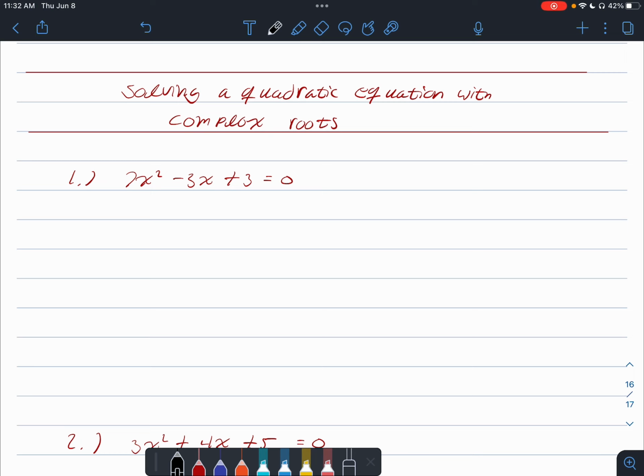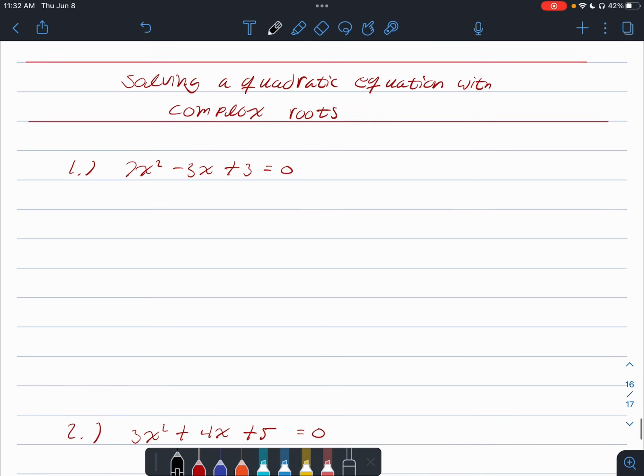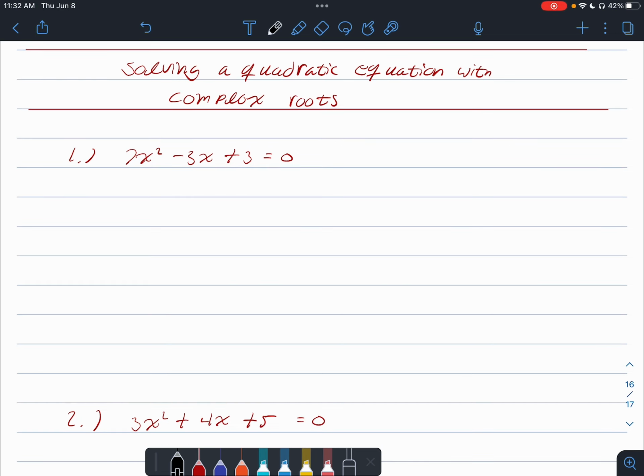All right, so here in this example, we have 7x squared minus 3x plus 3 is equal to 0. Here we have a is equal to 7, b is equal to negative 3, and c is equal to positive 3. Okay, let's go ahead and set this up.